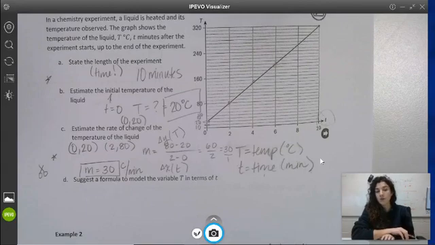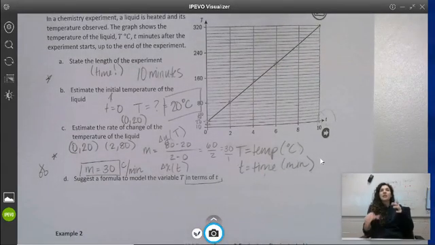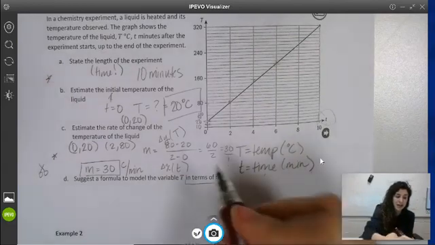Suggest a formula to model the variable T in terms of t. In terms of means that the relationship that we're creating, in other words, the equation, has an input of lowercase t. So we're putting something into this equation that has a lowercase t.